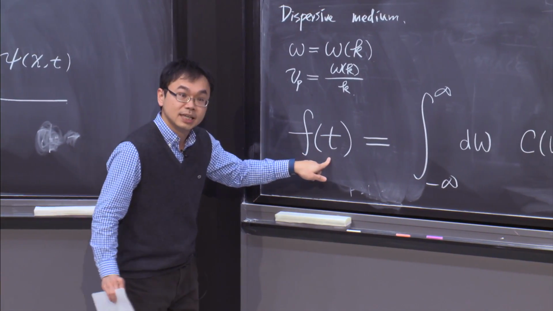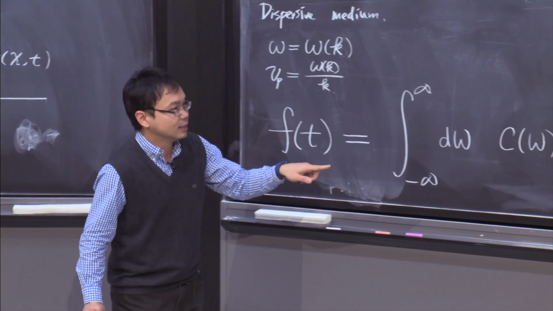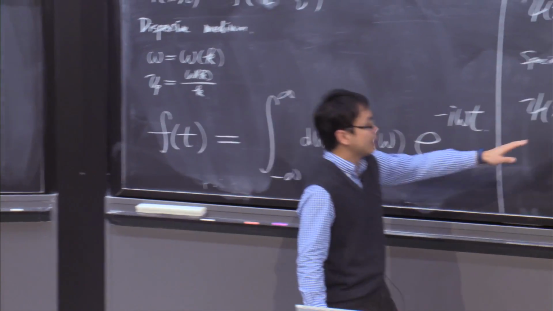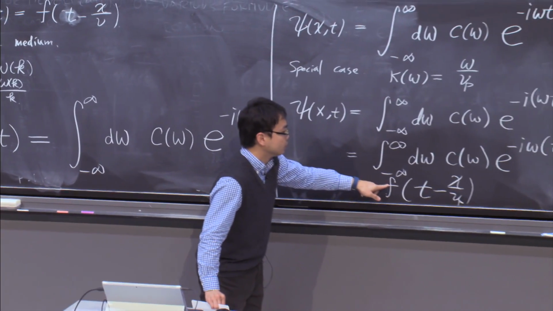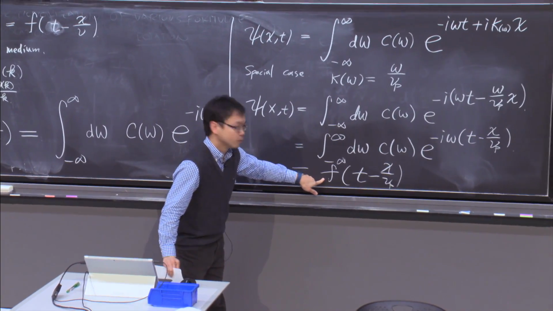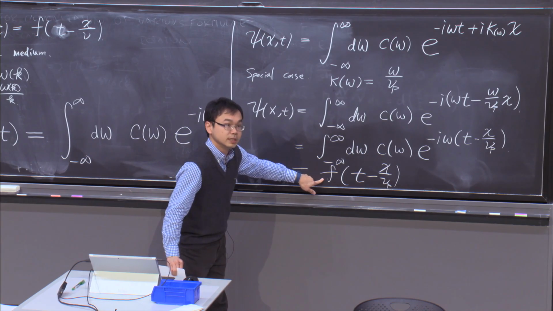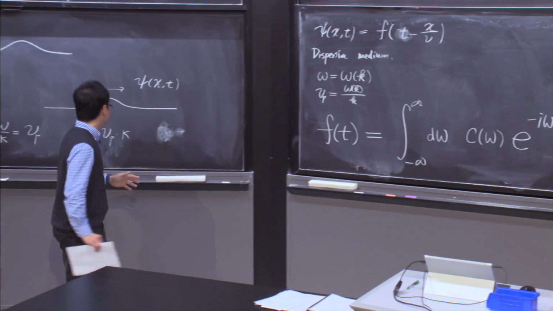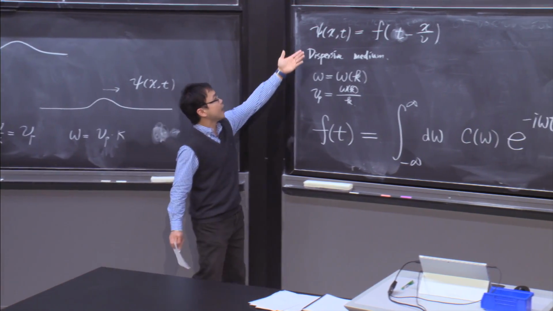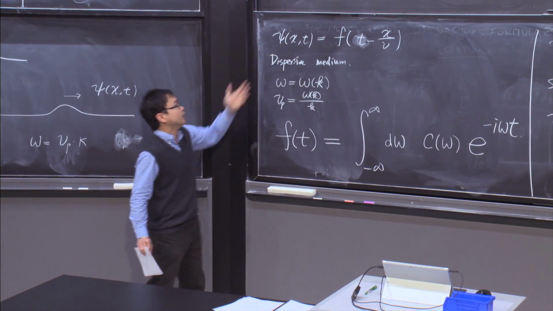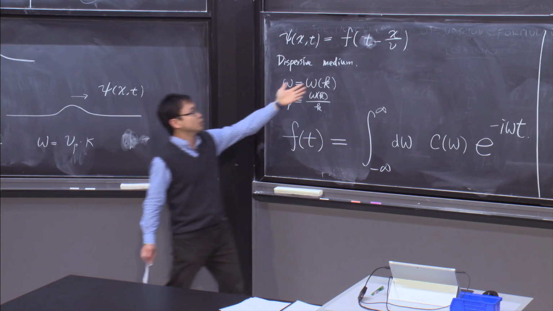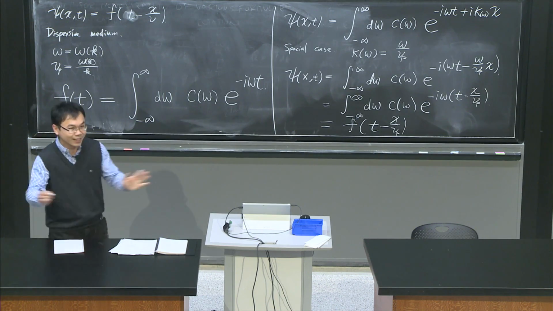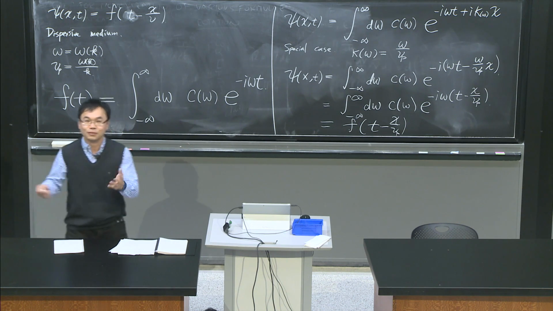If I replace t by t minus x over vp, then I'm done, right? So I have evaluated this integration, which is just f of t minus x over vp. That's exactly what we guessed from the beginning. So if I have a non-dispersive medium, then psi of x and t will be equal to this functional form. That gives us some confidence that, in the easy case, it works.